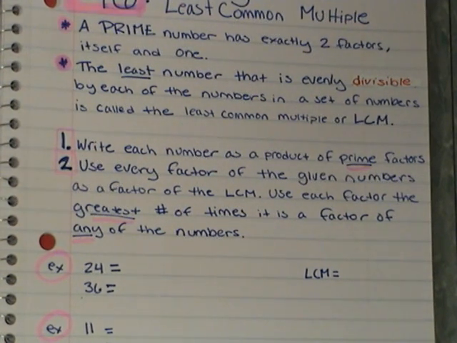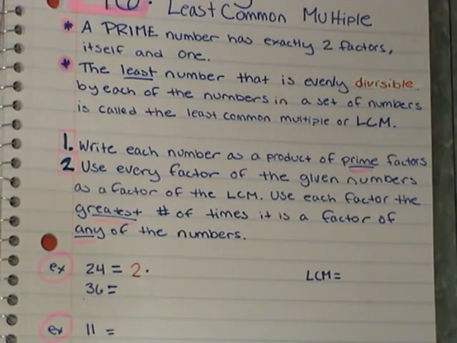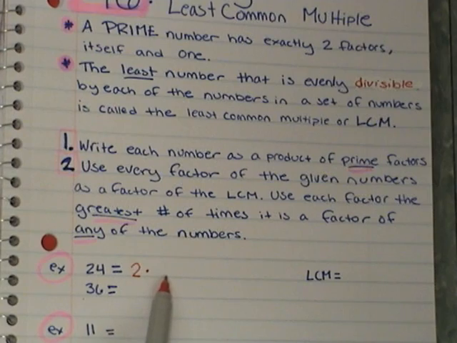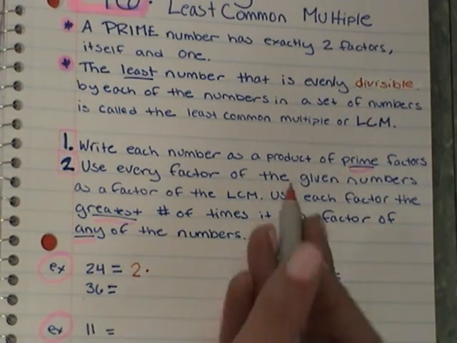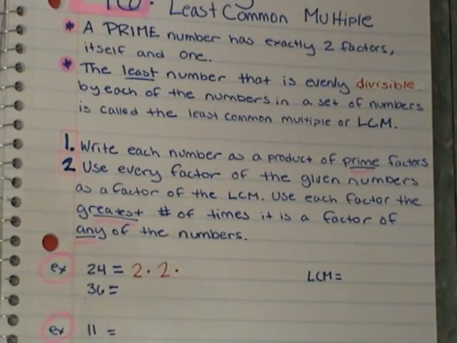So I'm going to go ahead and do this one with you first, and you can kind of get a feel. So 24, I'm going to divide it by 2, and then another factor, 2 times 12 would give me 24. 12 is not prime, so let's see, I could do 2 times 6, but 6 isn't prime, and 6 is really 3 times 2.